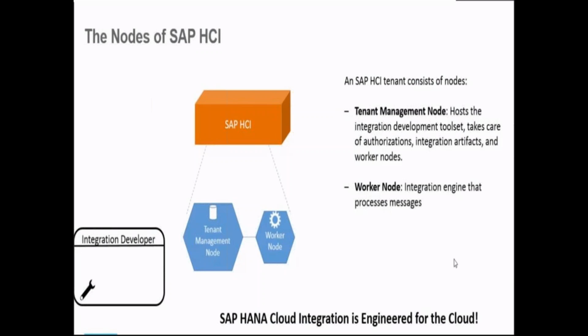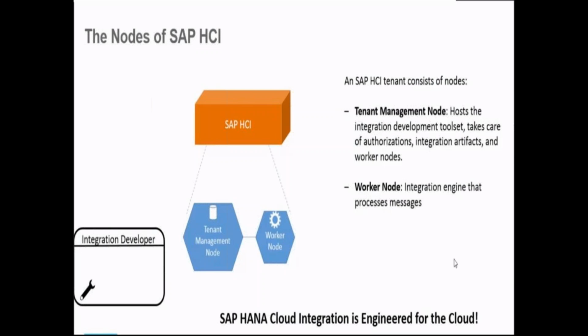So same thing will happen as soon as a message is incoming to your HCI, and your HCI is aware that this message is coming of this interface, this iFlow, then that iFlow would be loaded to your worker node.